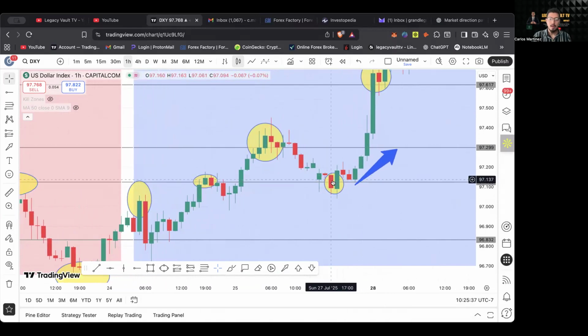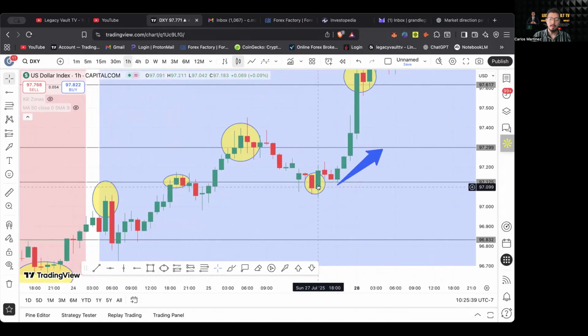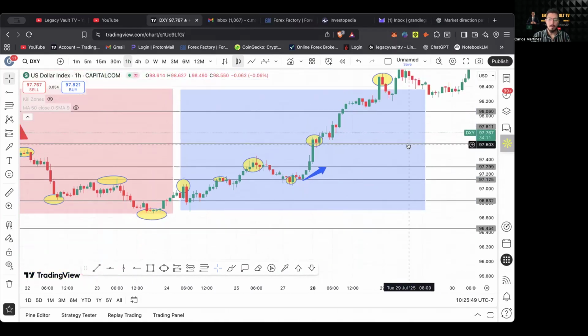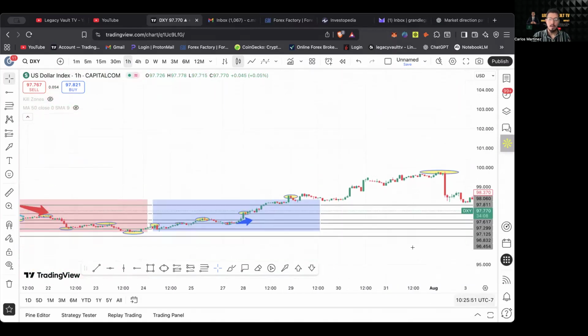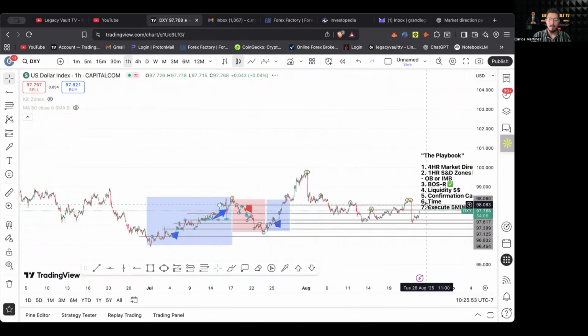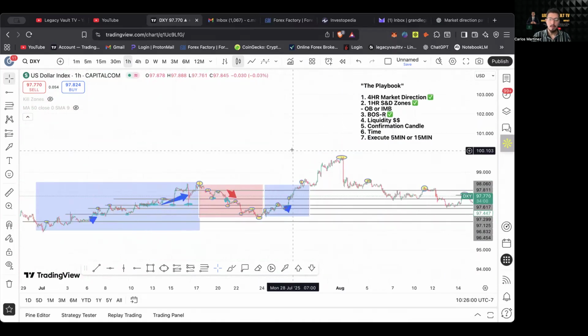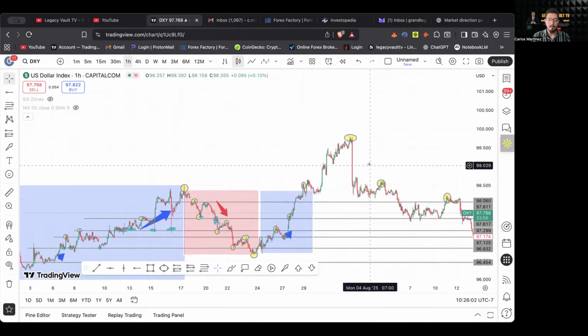So here, yes, it's a potential entry point. However, you do not want to enter right away because you still have to gather more data. You still want to gather more confirmations and cover the rest of the steps in the playbook. So after we see a break of structure, you also want to look out for liquidity. And we'll talk more about that on our next call.